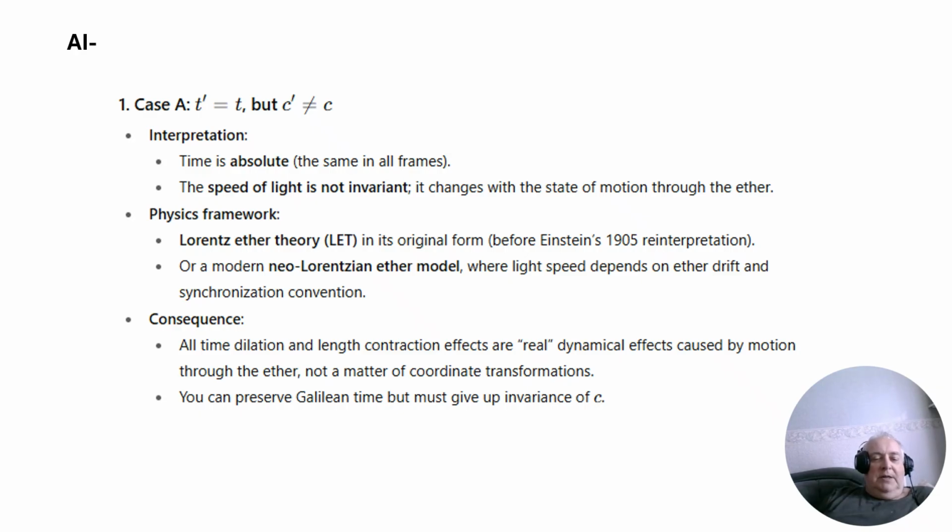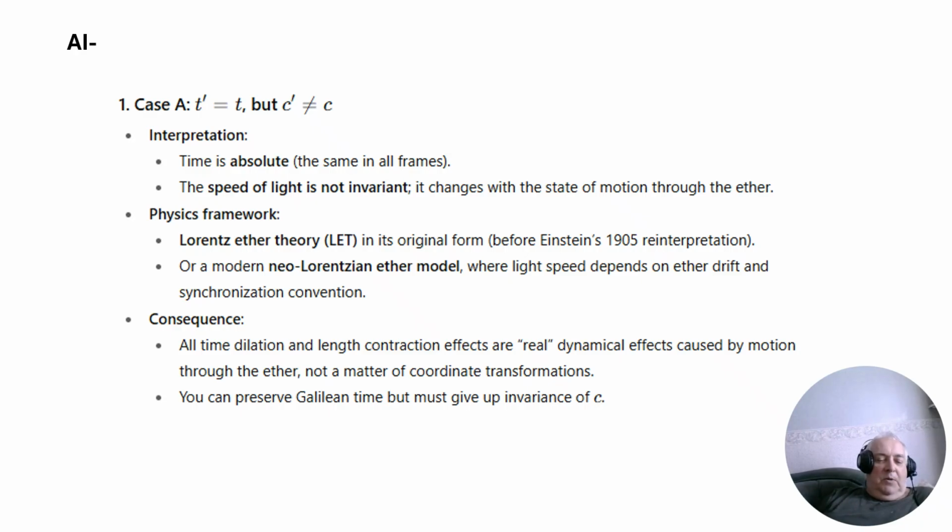So what you've got basically, when that foundational equation uses t prime equals t and c prime doesn't equal c, is the theory that was around before Einstein came along. Or it could be a modern neo-Lorentzian ether model where light speed depends on ether drift and synchronization convention.